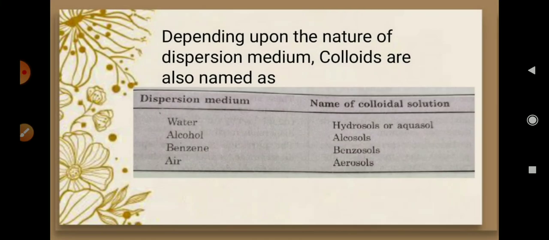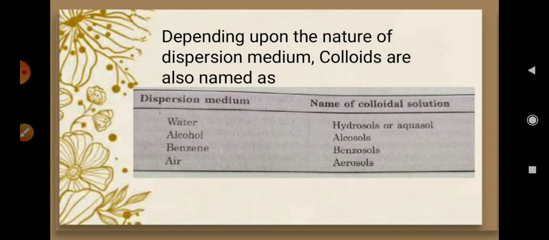Depending upon the nature of dispersion medium, colloids are also named as hydrosols, alcosols, benzosols, aerosols. That means if the dispersion medium is water, at that time we can say hydrosol. Hydro or aqua word is related to water.